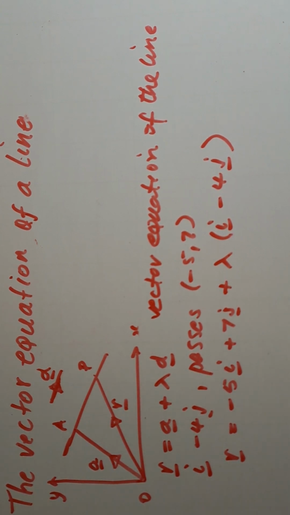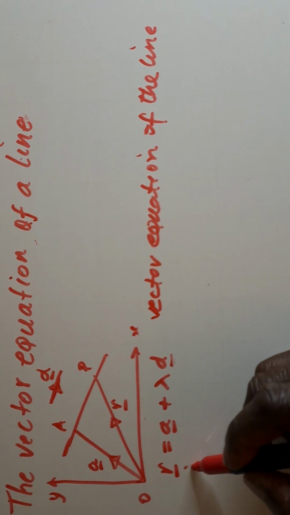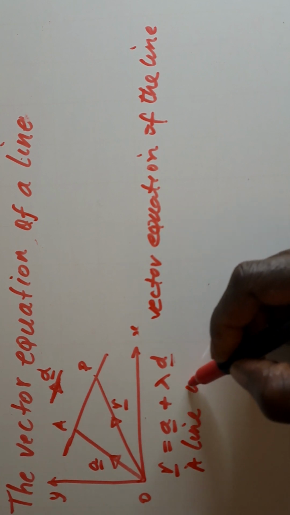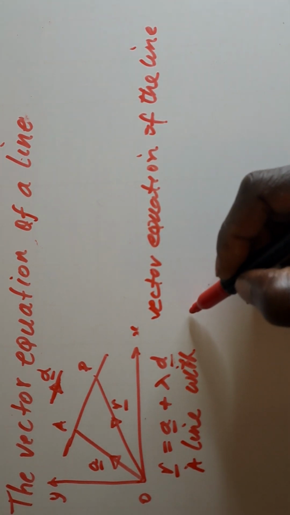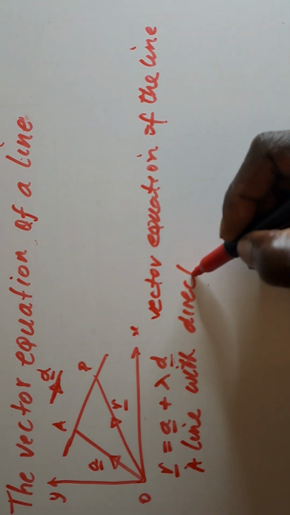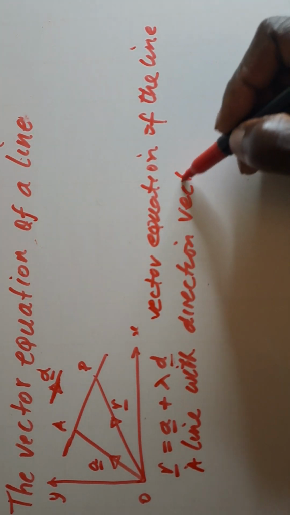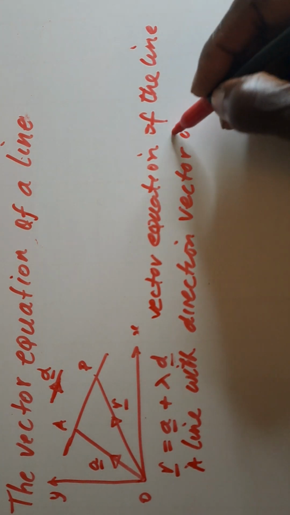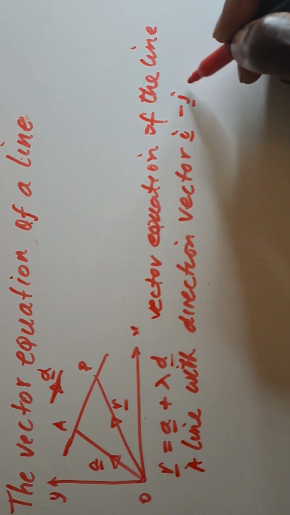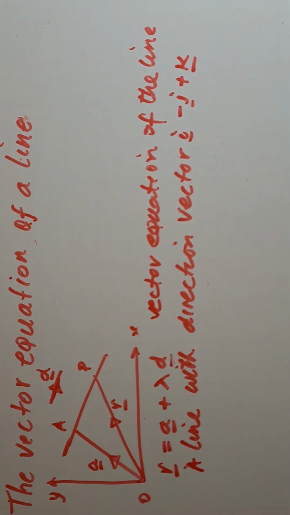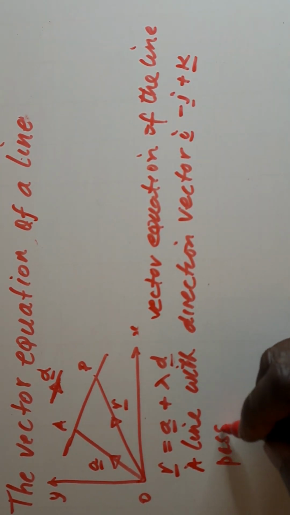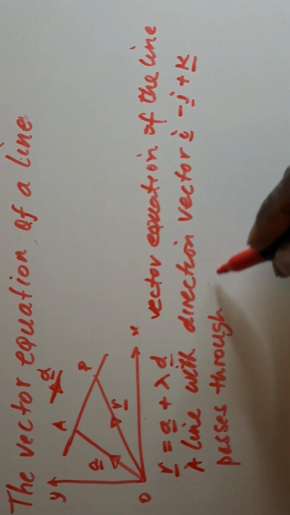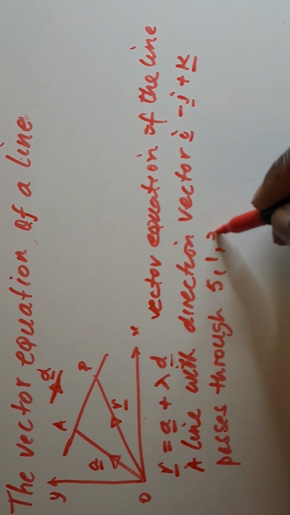Here's the next example. We have a line with direction vector i minus j add k, three-dimensional, and it passes through 5, 1, 3.